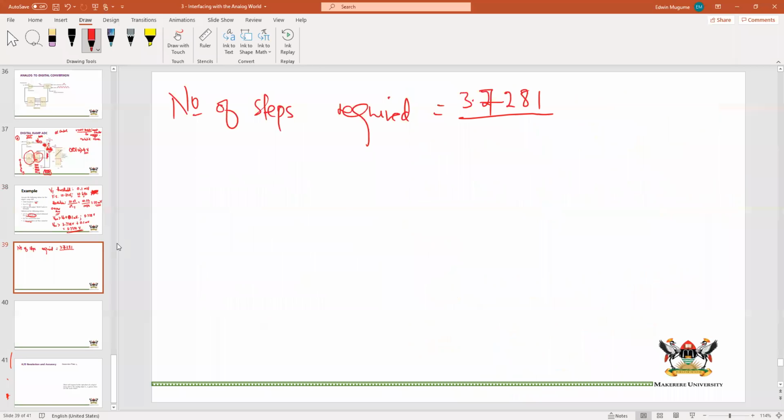So what is the step size? Which is 10 millivolt, that's 0.01 volt. And this will give us 372.81 steps. So really this is 373 steps.